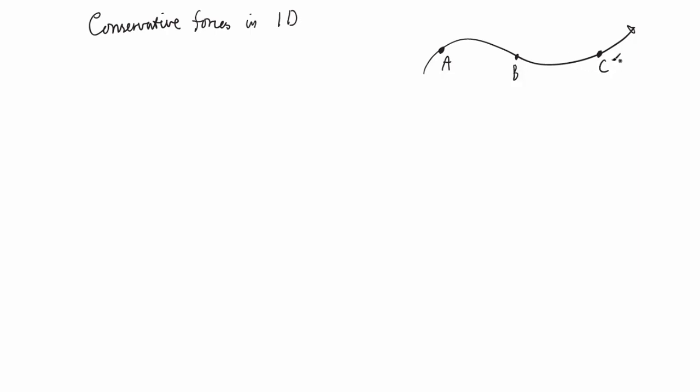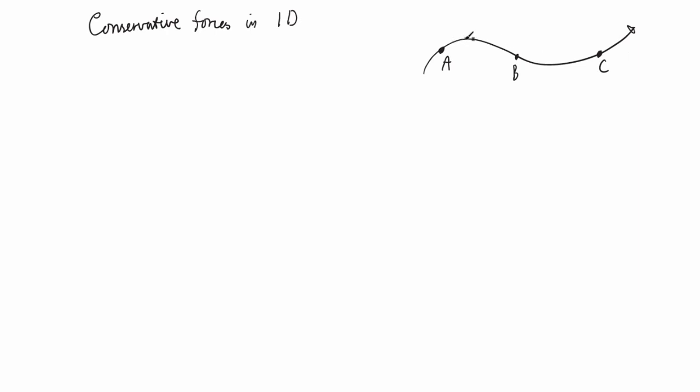So we're dealing with conservative forces in one dimension. So say that we are moving along some curve like this. It does not have to be a straight line, but what's important is that the particle is confined to moving only along this curve.